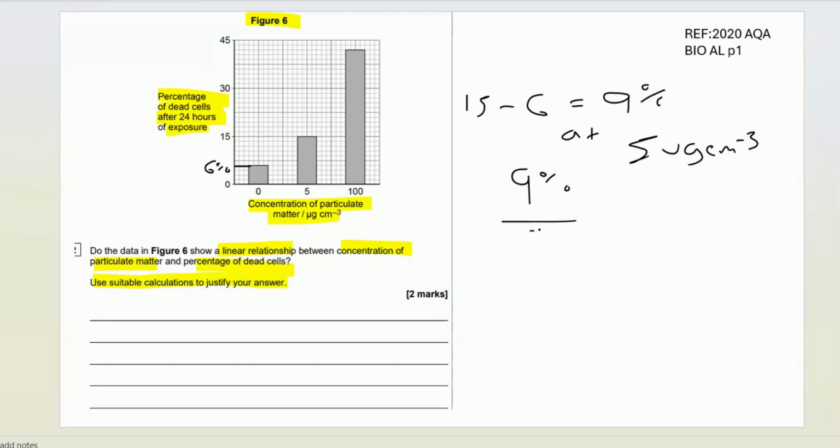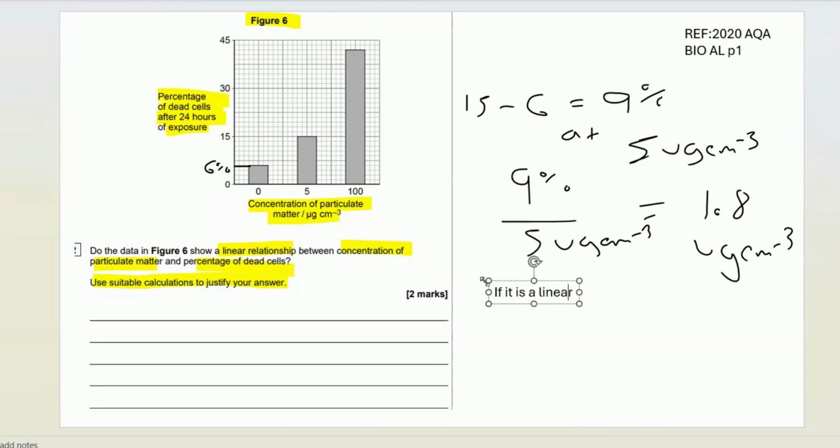Because it goes up to 15 and 15 minus 6 is 9%, we have a 9% increase of dead cells with the 5 microgram concentration. So we can do 9% divided by 5, and that tells us that you get 1.8% per microgram per centimeter cubed of particulate matter.